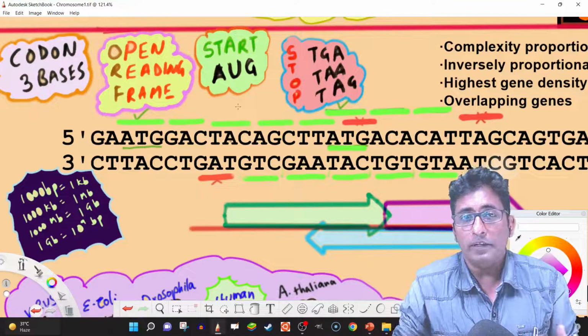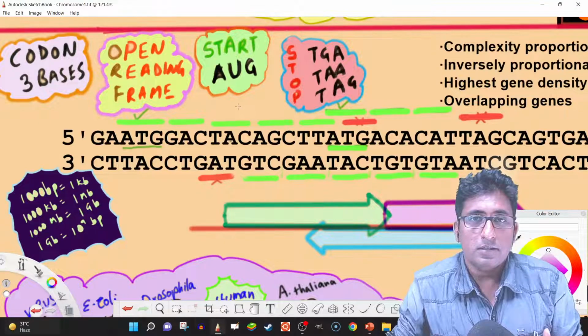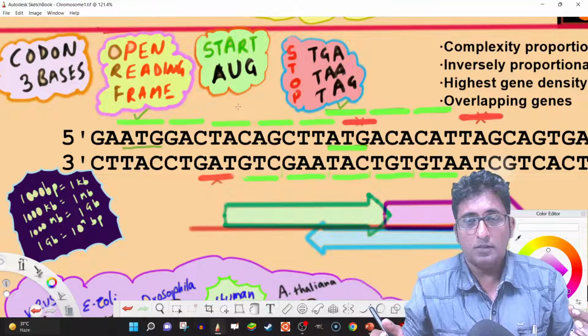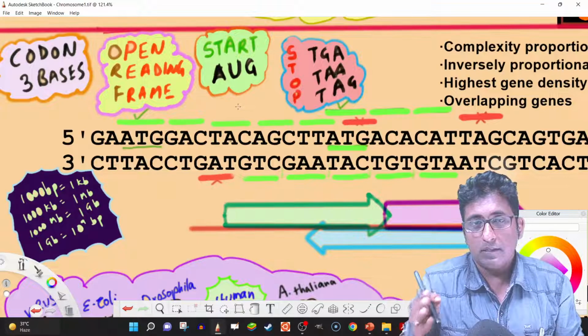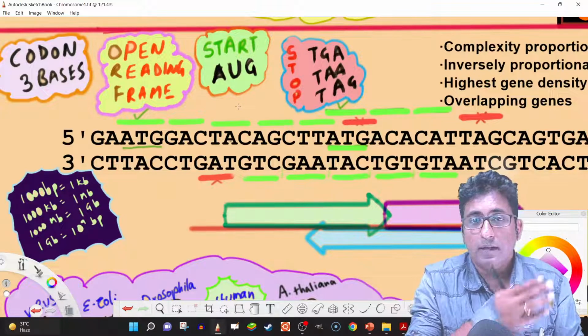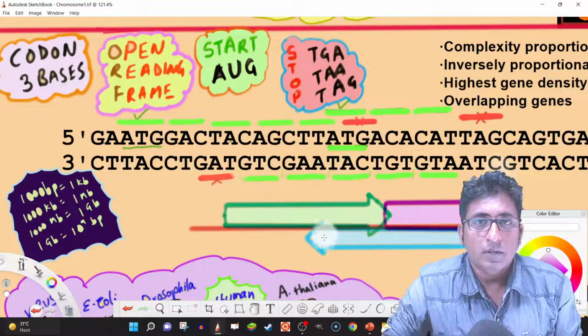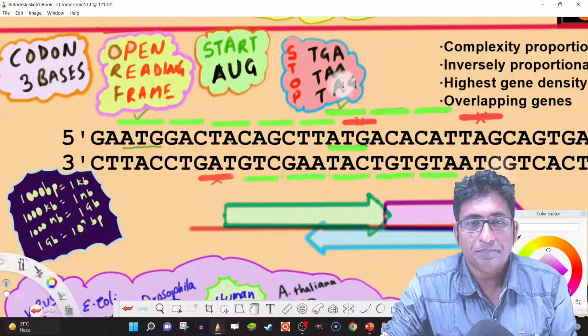So an open reading frame, abbreviated as ORF, is a stretch of multiple consecutive codons starting with a start codon and ending with a stop codon. The stop codons are TGA, TAA, and TAG.